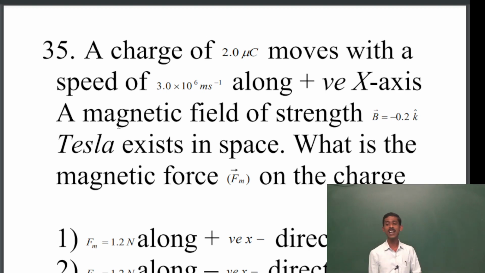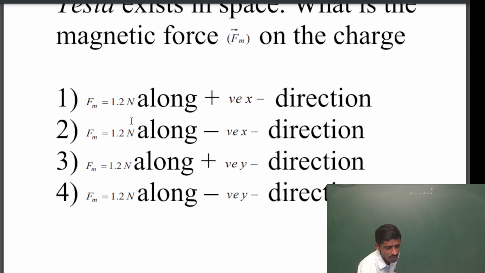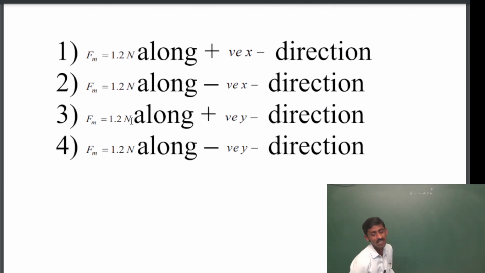A magnetic field of strength B equal to minus 0.2 k cap Tesla exists in space. What is the magnetic force? If you see the options, it is asked both in magnitude and direction. So you must calculate the force in vector form: Q into V bar cross B bar.